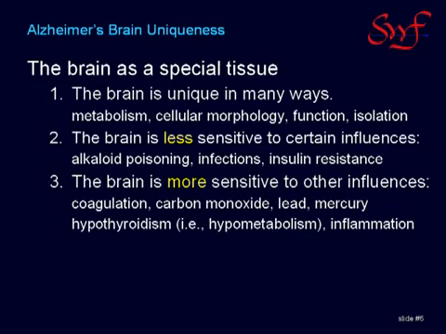These sensitivities of the brain all cause impairment of energy utilization by the brain. Energy is the key. We will come back to this central point many times in the following presentation.